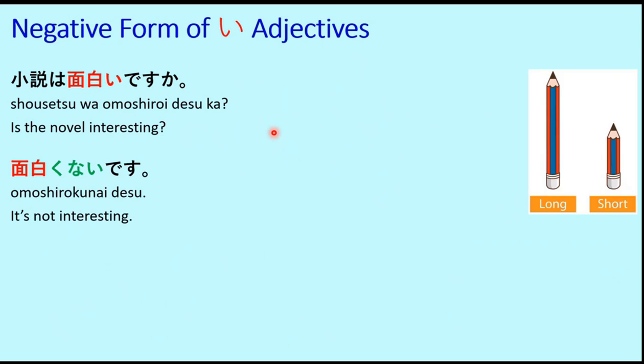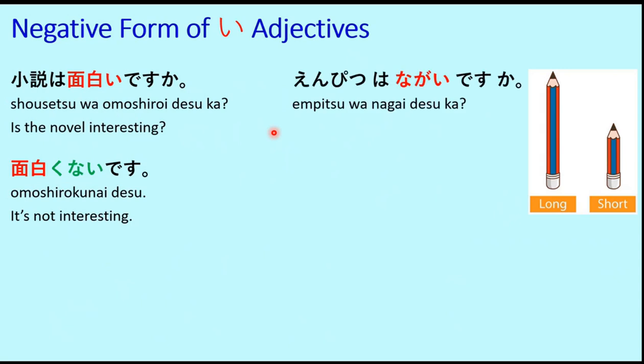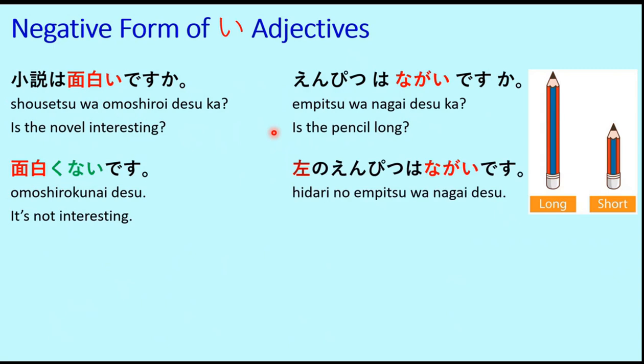Now, what do you see here, friends? There are two pencils. One is long, one is short. So, what's the question? Enpitsu wa nagai desu ka? Nagai means long. So, we have seen this in lesson 94 about all these adjectives. Enpitsu wa nagai desu ka? Is the pencil long? So, the answer is Hidari no enpitsu wa nagai desu.